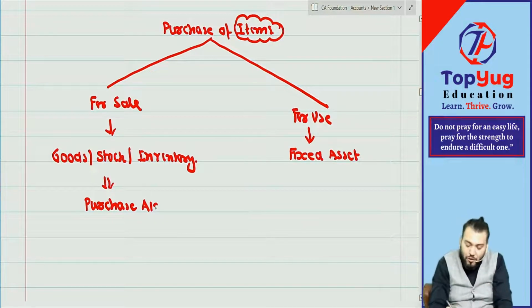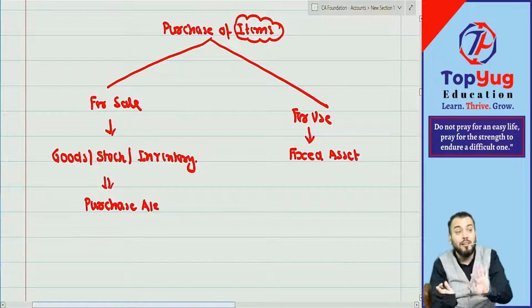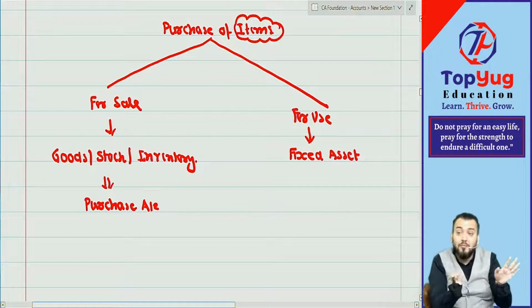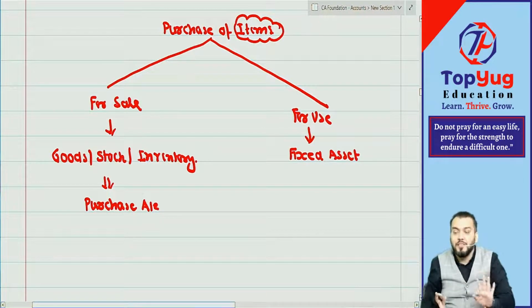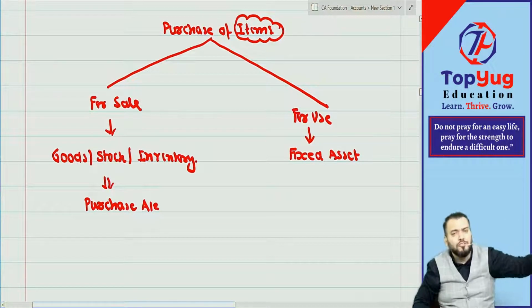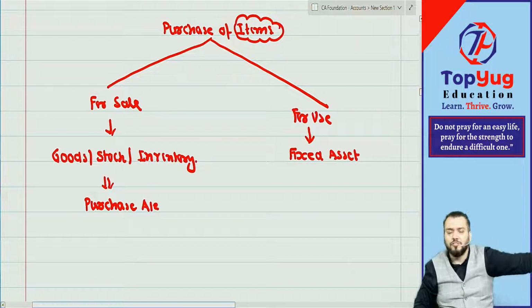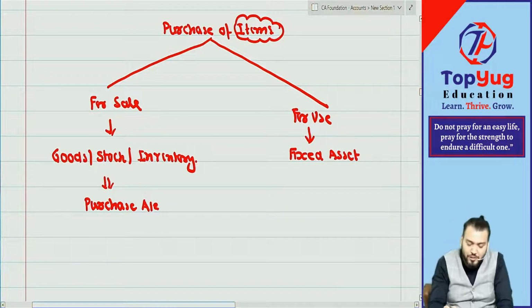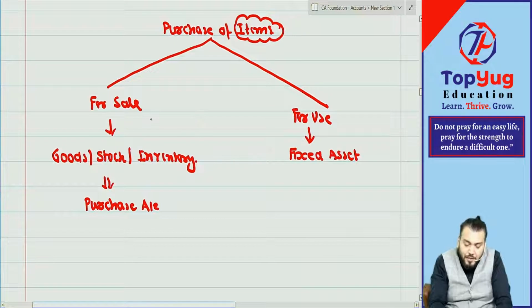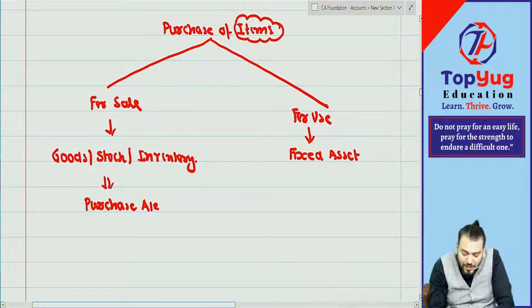My question to you all, everyone apply. Don't apply whatever you have done before. Apply whatever you are studying with me. Whatever you have done, full stop to that. Forget about that. My question to you all: purchase of an item for sale, you have understood it is inventory. So when you have purchased, you open the purchase account.